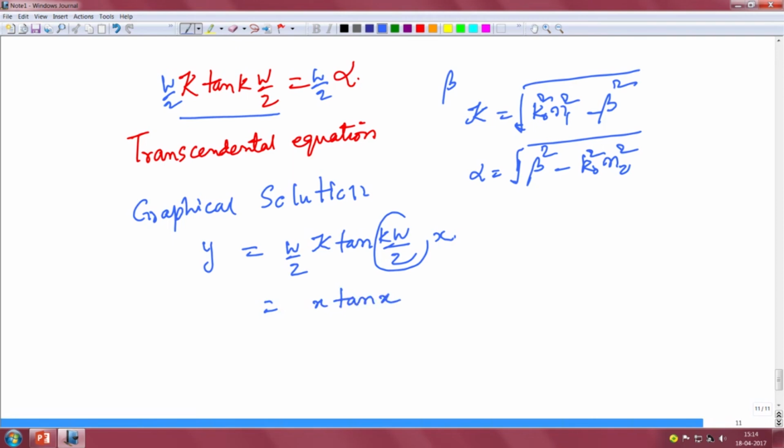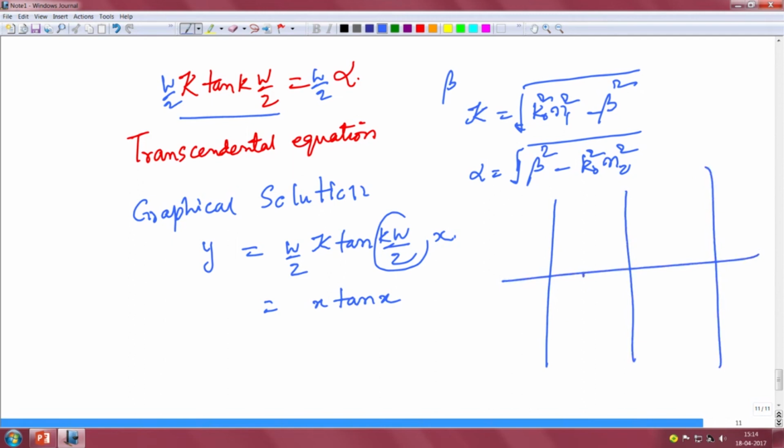We know the form of the tan function, and x multiplied by tan x would also look somewhat similar. This is a form of the tan function.